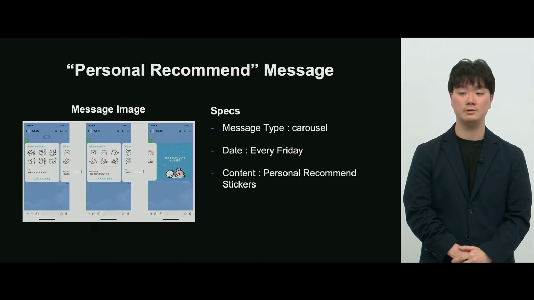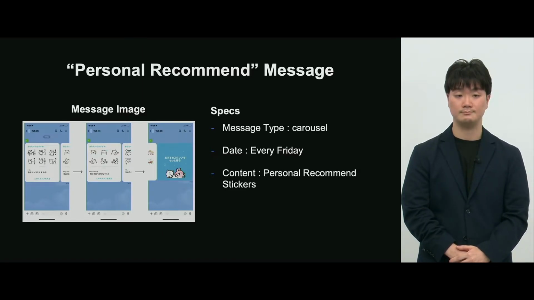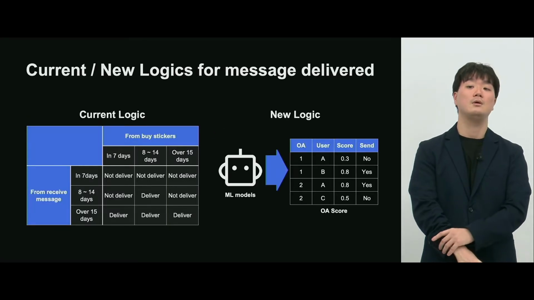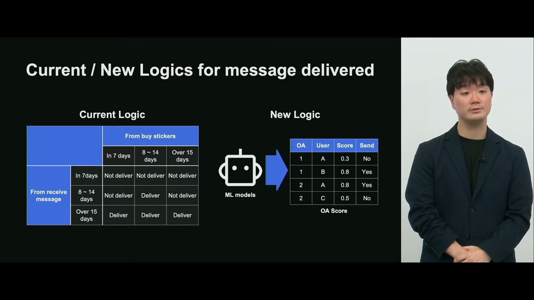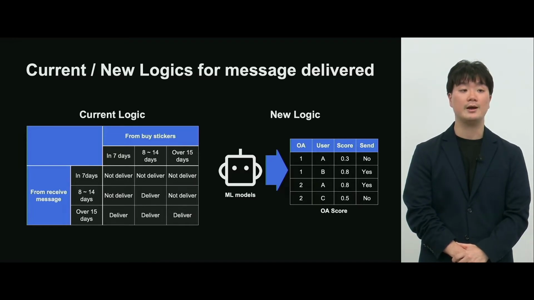However, before this project, who we sent it to was based on simple rule-based logic. This is a rough explanation of the logic that we used before this project. The current logic is the part on your left.